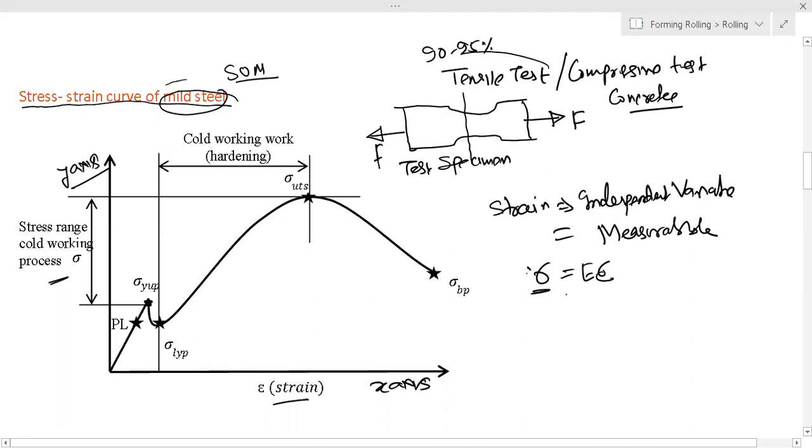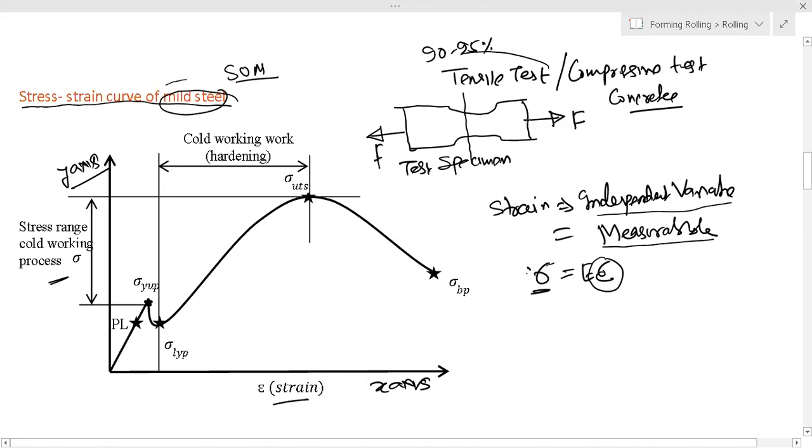So this is the reason we draw strain on the x-axis, because it is measurable and independent. Once we measure this strain, applying Hooke's law, you can find the stress. The corresponding stress value we draw on the y-axis.